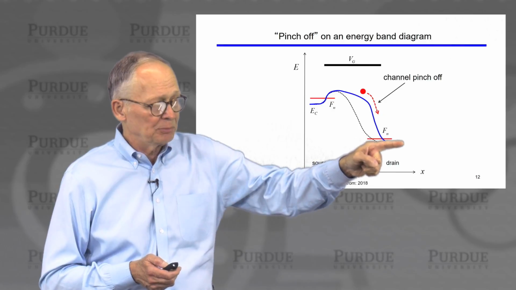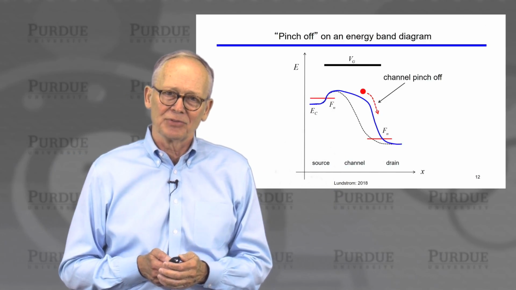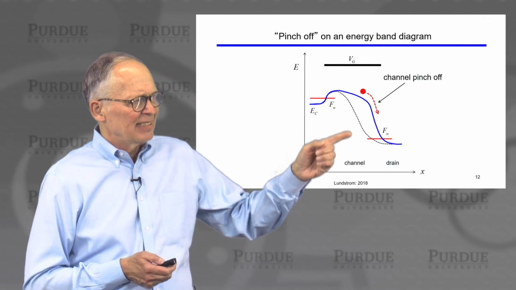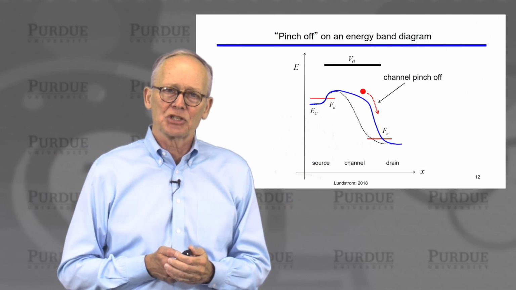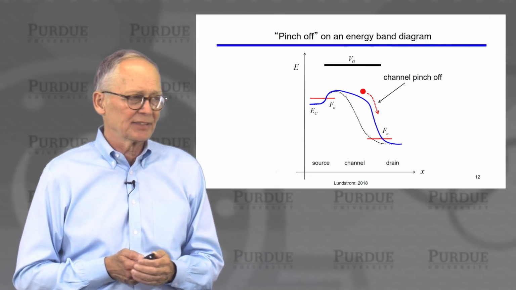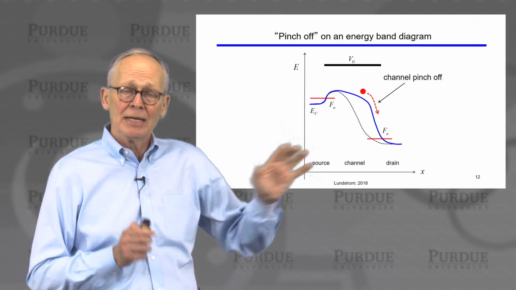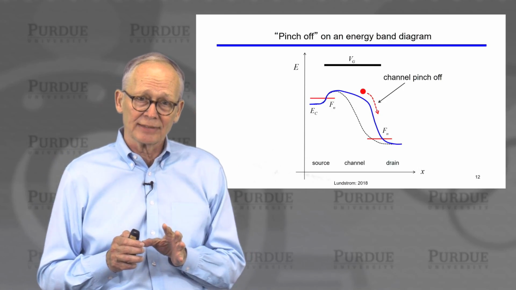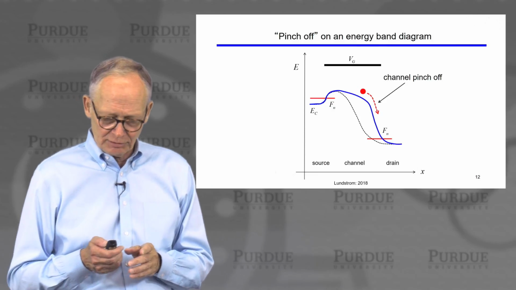They just go down in potential energy and zip right out the drain. So that doesn't stop the current from flowing. We just have a very small concentration of electrons there. This dashed line shows what the potential profile would look like in a much shorter channel length transistor. You wouldn't have this region where you can obviously see pinch-off. Pinch-off like this is something that you see in a long channel transistor, and we will see that that leads to the quadratic IV characteristic.